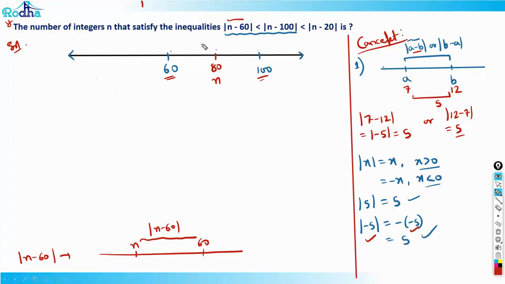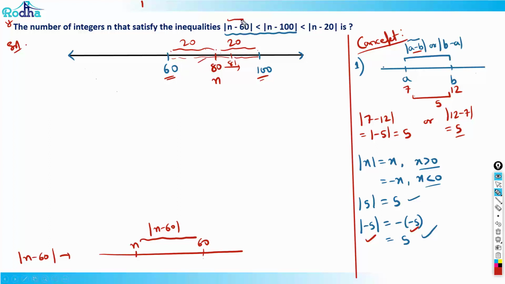That's why you start thinking from the average. If n moves this side, for example n equal to 81, the distance from 60 is obviously greater than the distance from 100. That I don't want.